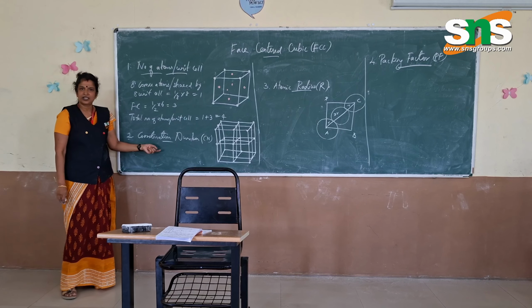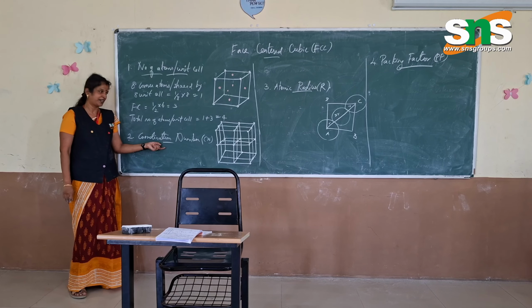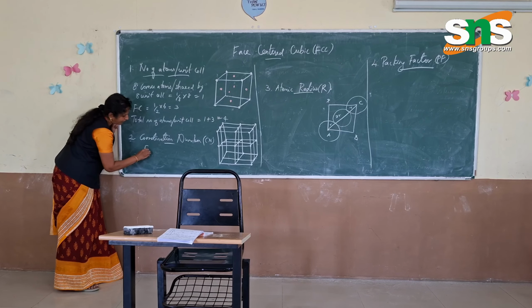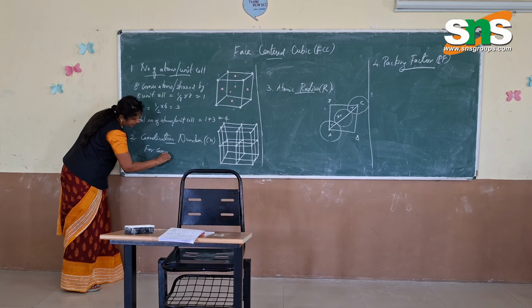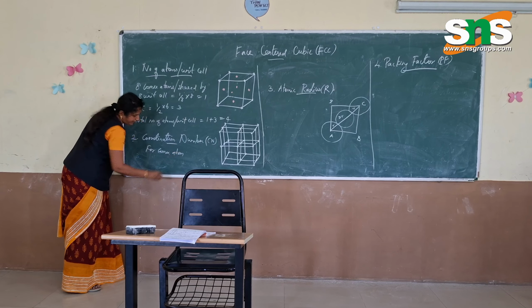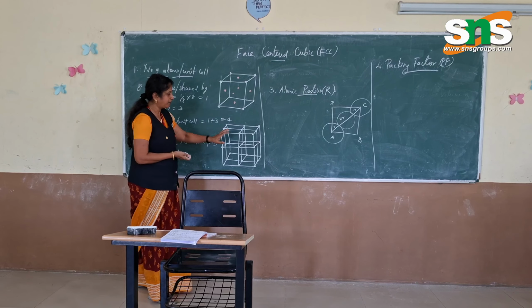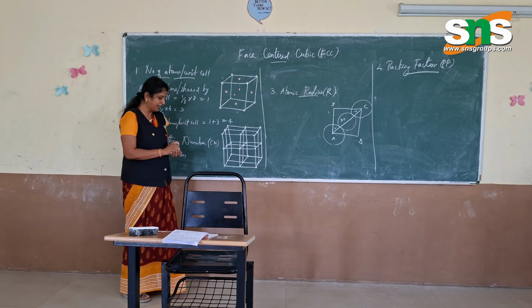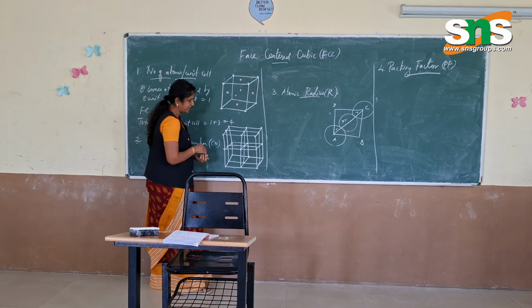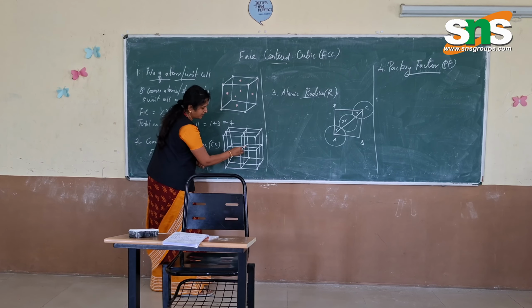So next we can calculate the coordination number of nearest atoms for a corner atom. Here we are considering the corner atoms, and this is the three-dimensional view of the unit cell. Here we can consider the corner atom at the center.